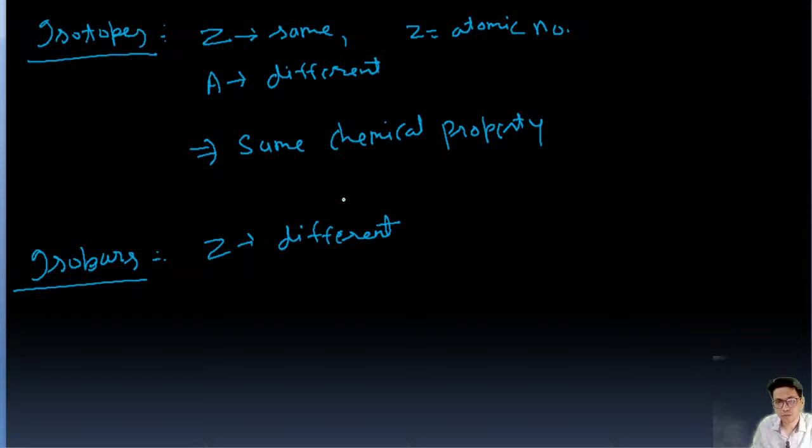For isobars the atomic number Z is different, but the atomic mass A is the same. So isobars have the same atomic mass number but different atomic number.